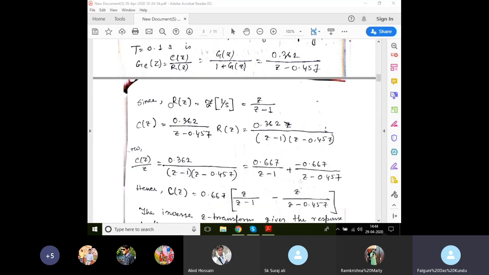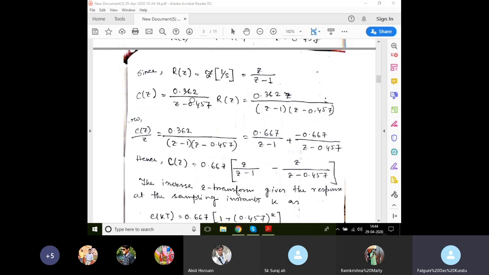We know that R(z) is the z transform of 1 by s, that is z by z minus 1. So C(z) is 0.362 divided by (z minus 0.457) into R(z), and we put R(z) equal to z by z minus 1.